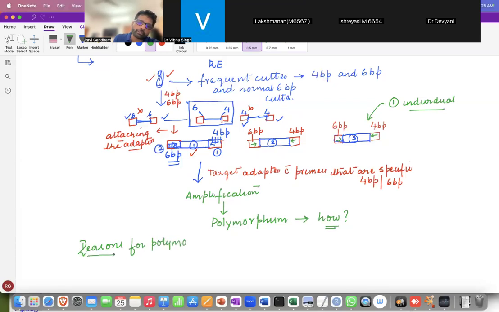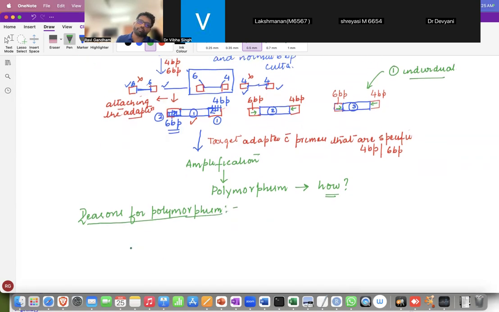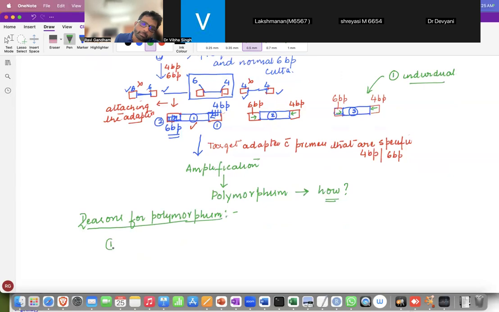Right? What are they? Okay, the first one, what is that? The first one is presence or absence of the restriction site. There may be a difference in the restriction site, presence or absence of RE. Right? That's always there. Right. Next, the second one.